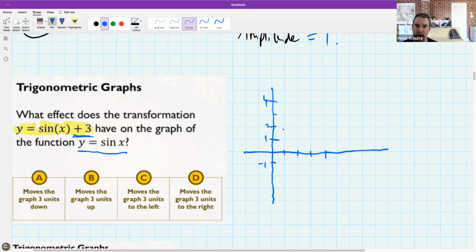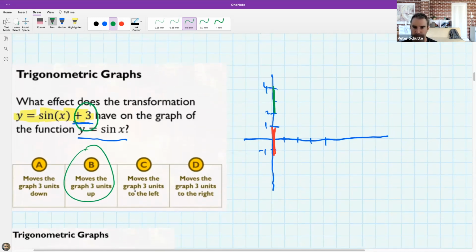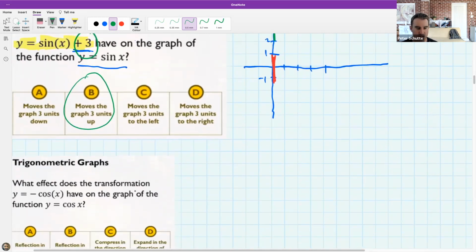And that's going to be in between. So the whole graph has really just moved from being between here to being between here. And it's gone up by 3 units. And so the correct answer would be +3. Awesome. Okay, that was pretty good.